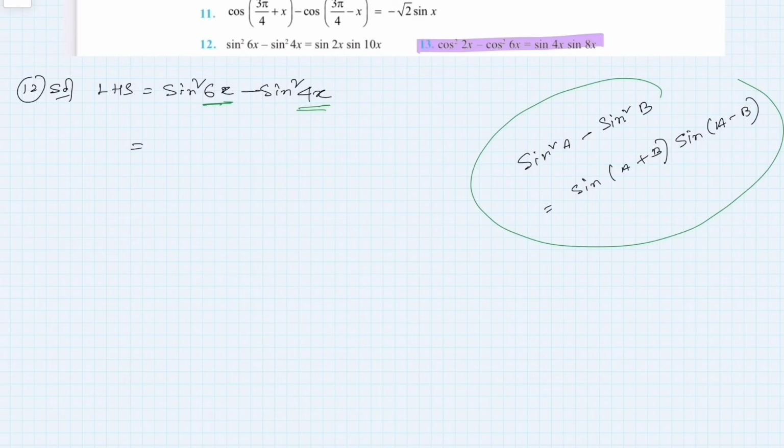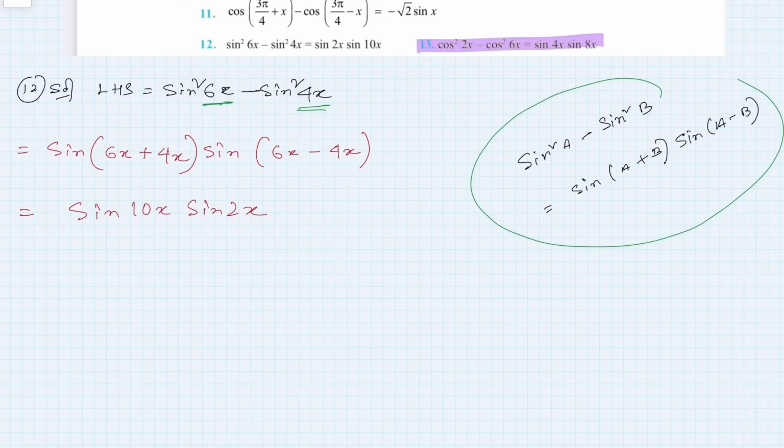So using this we will get sine of A plus B, that is 6x plus 4x, times sine of A minus B, that is 6x minus 4x. Now it is sine 10x and sine 2x. So this is the right hand side. You can rearrange this like this, sine 10x sine 2x. So this is the right hand side, hence it is proved. Okay, so that's how we can prove this.